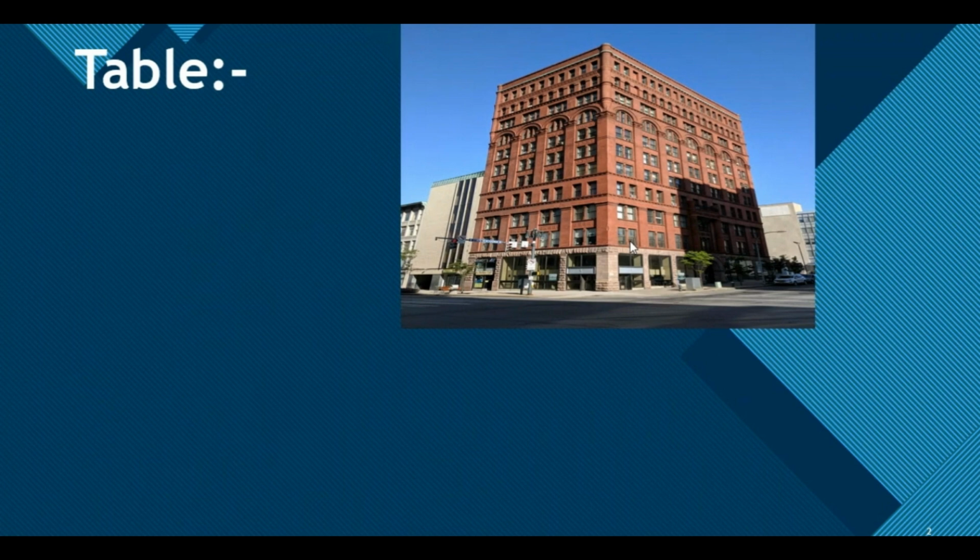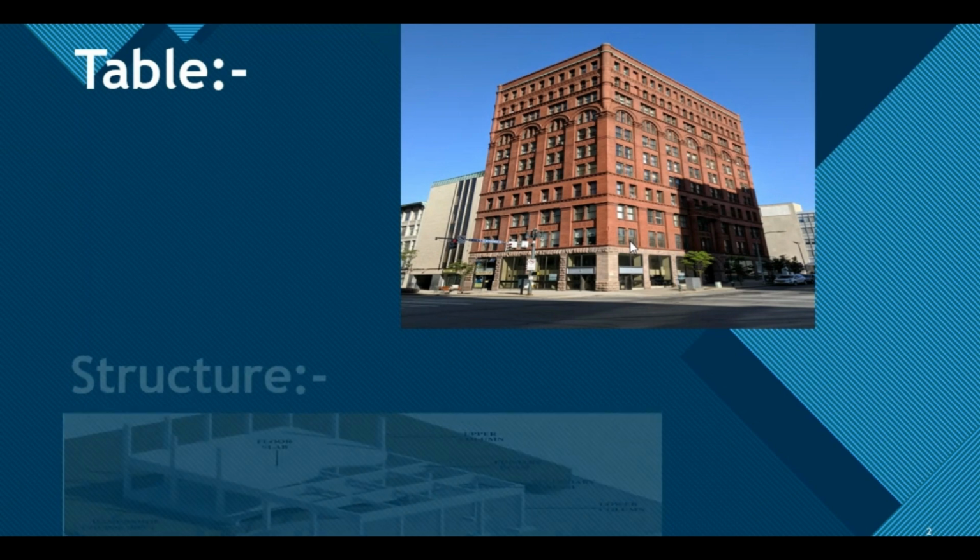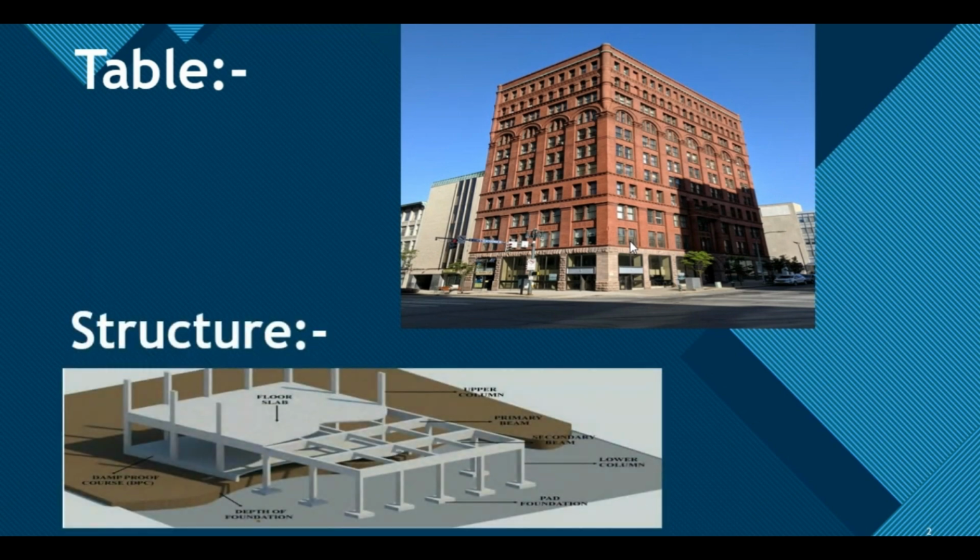If you go for a building, the frames, the pillars, and all are inside the walls, right? All people will be inside the walls. So the total building is a table. And if you remove the walls, you can imagine it like this.